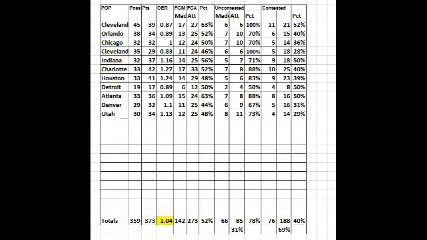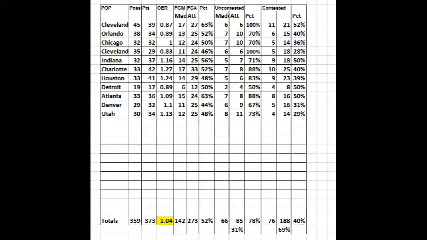And they scored 39 points on them, but their OER was only 0.87. Cleveland, at the time we did this study, did not really push on their fast breaks. Kind of walked it down, and especially in the defensive rebounds. That's why they weren't scoring as well.